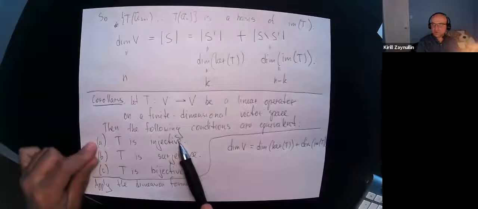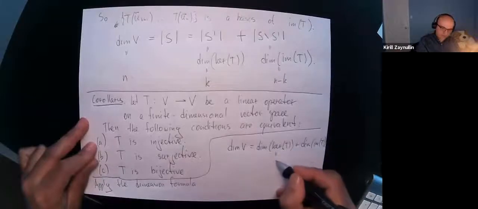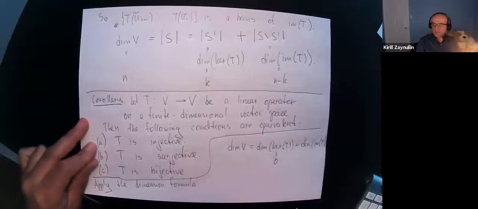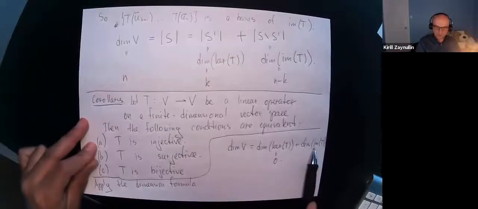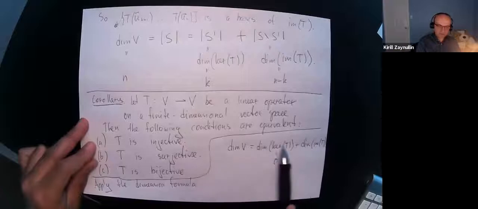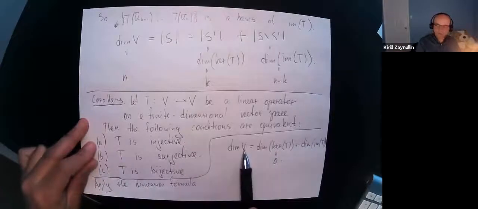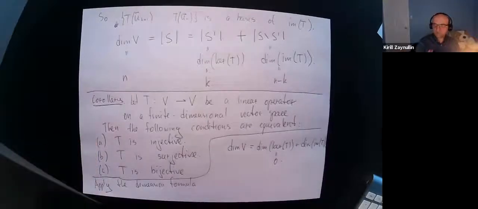Then the kernel is zero, so this dimension is zero. But then the dimension of V coincides with the dimension of the image of this linear transformation. That precisely means that V coincides with the image as a subspace, and this exactly means that T is surjective.